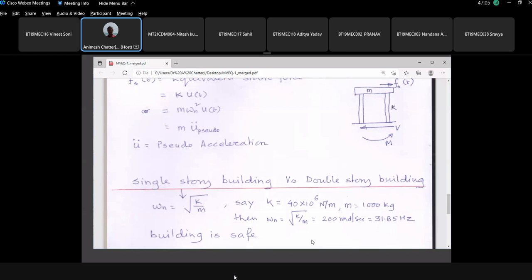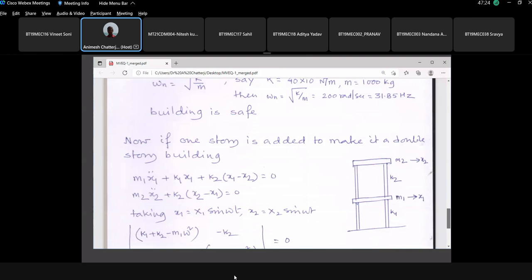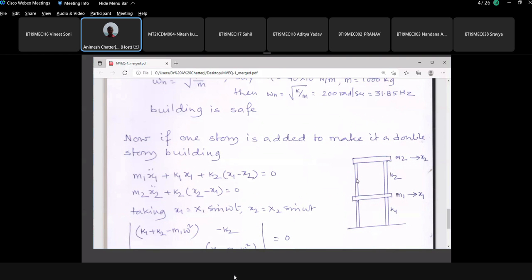Then he thought that now that I am rich, I can add one more story. So he makes this double story building. Now what will happen, the story is given here, try to understand.